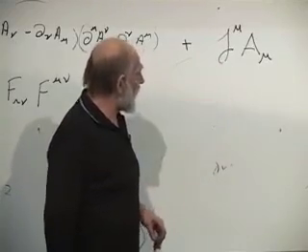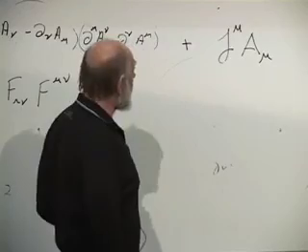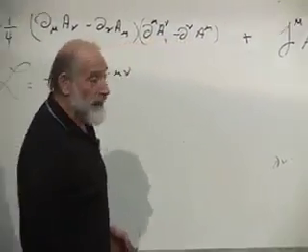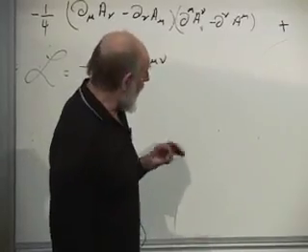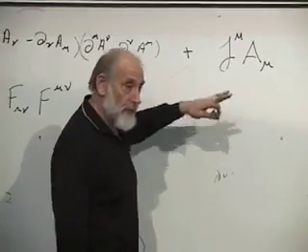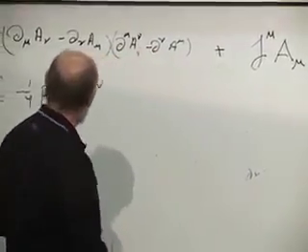So given that J is gauge invariant, is J·A gauge invariant? Not obvious. In fact, obviously not, except if J satisfies some special property. So let's see if it changes when you do a gauge transformation.